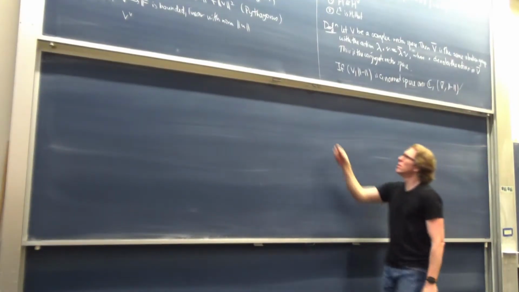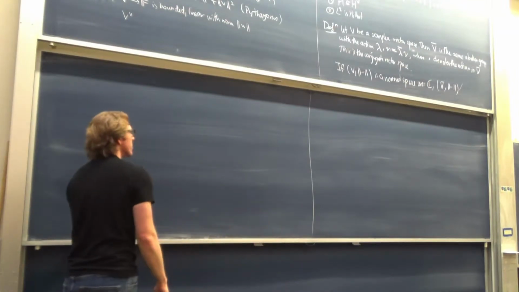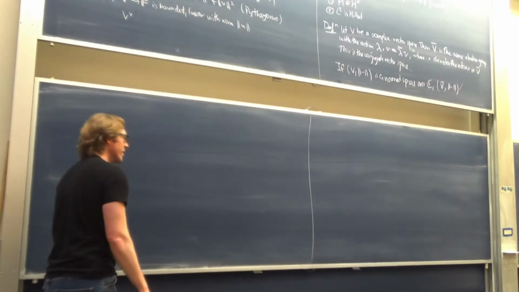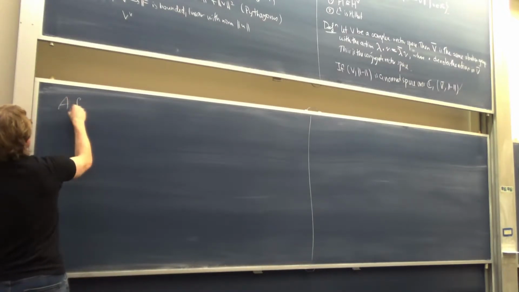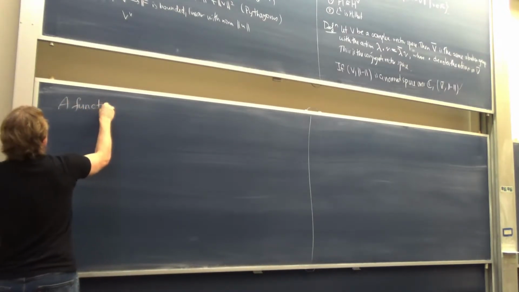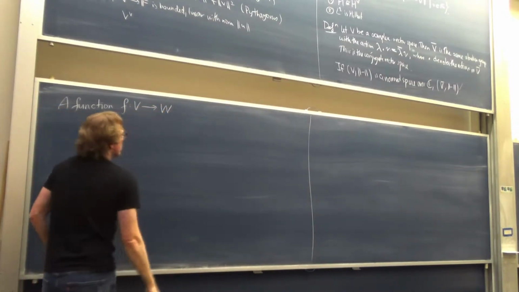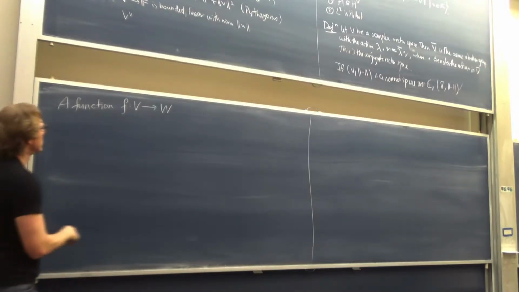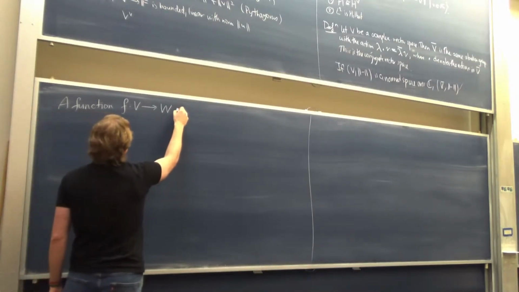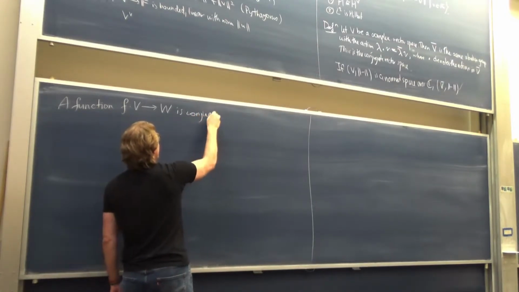All right. So that's convenient for the following reason. It means I never have to say the words conjugate linear again. Okay, so a function, so let V and W be vector spaces over C. Well, okay, I got a bit ahead of myself.